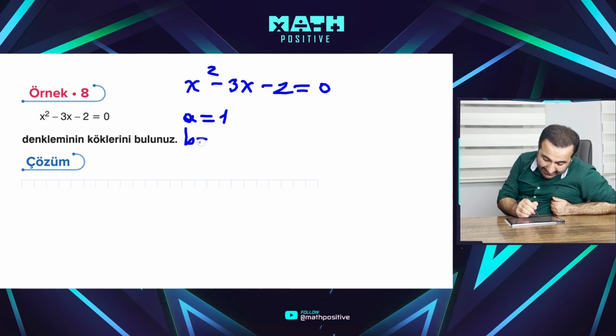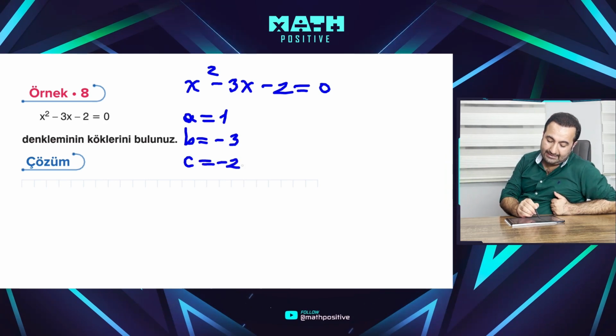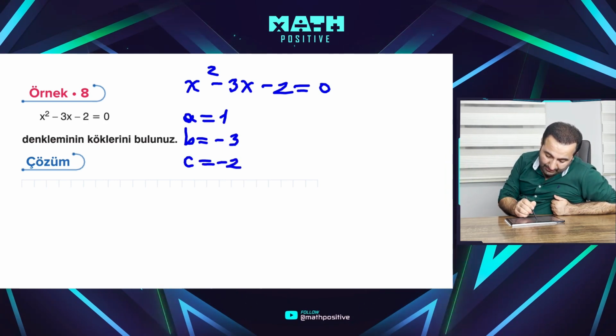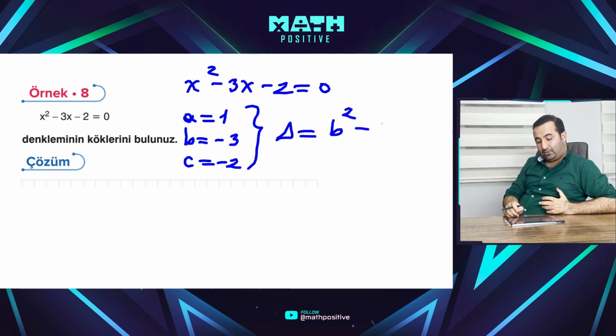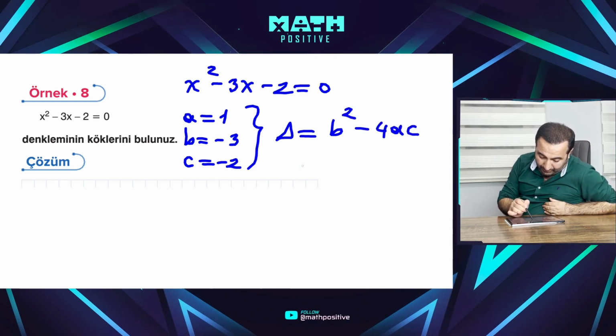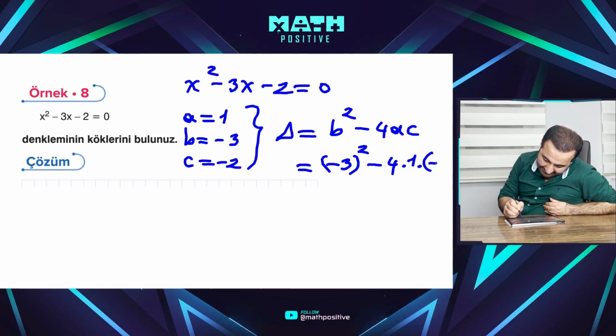So we have a equals 1, the coefficient of x squared, b equals minus 3, the coefficient of x, and c equals minus 2, which is the constant term in our equation. So if we calculate the discriminant, which was b squared minus 4ac, we will get minus 3 squared minus 4 times 1 times minus 2.